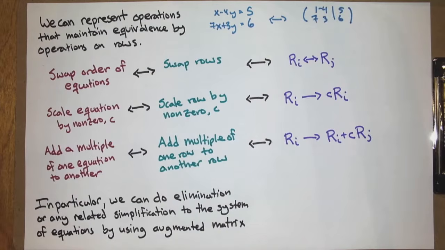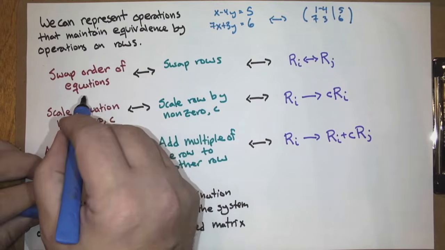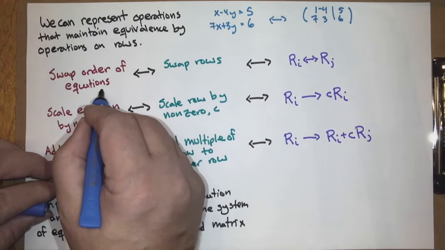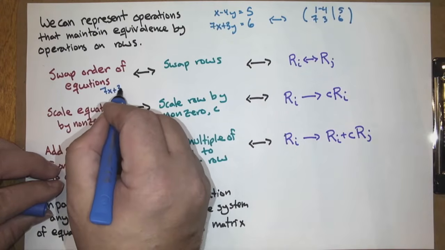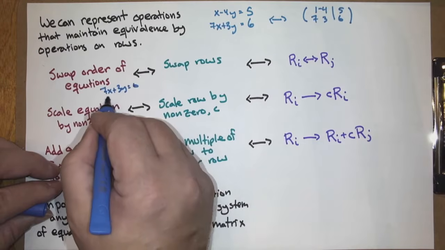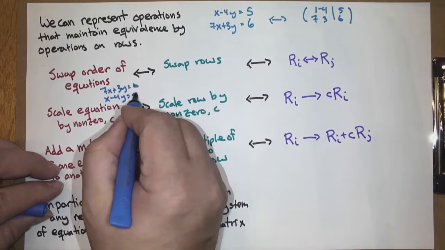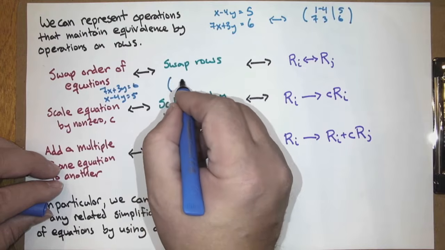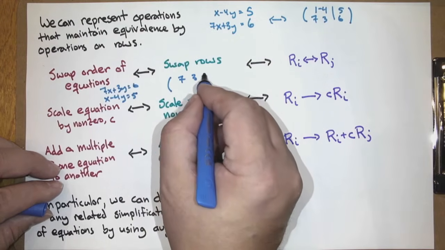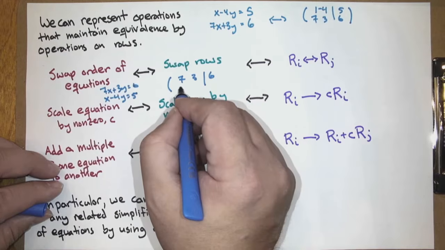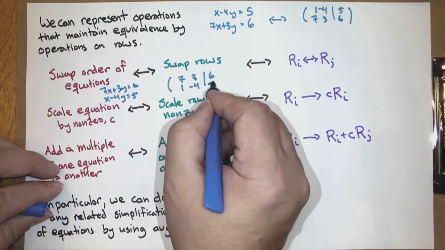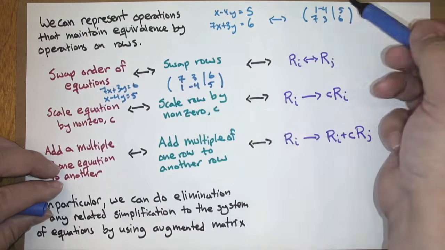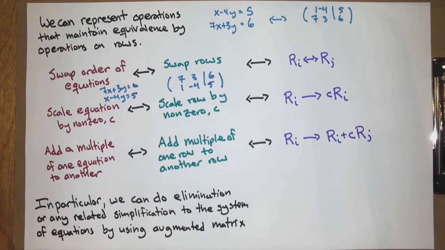When we talk about swapping the equations versus swapping rows, swapping the equations means it becomes 7x plus 3y equals 6, x minus 4y equals 5. And what happens? Just read off the coefficients. You get 7, 3, 6 in the first row, and 1, minus 4, 5 in the second. So you swap the rows. That's swapping the equations.